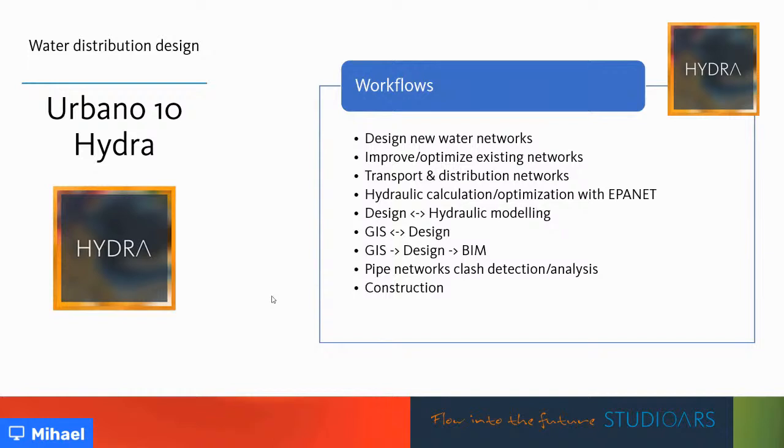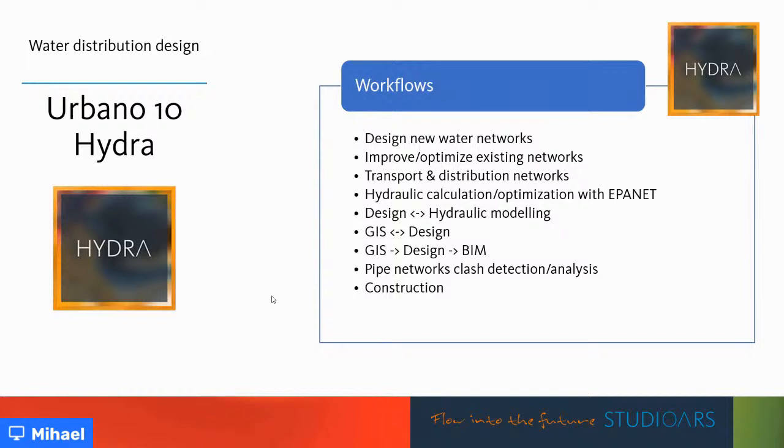So there's various ways you can use it. And this two-way INP file import export is included in the standard, in the basic version of Urbano Hydra. You can also do some workflows connected with GIS.